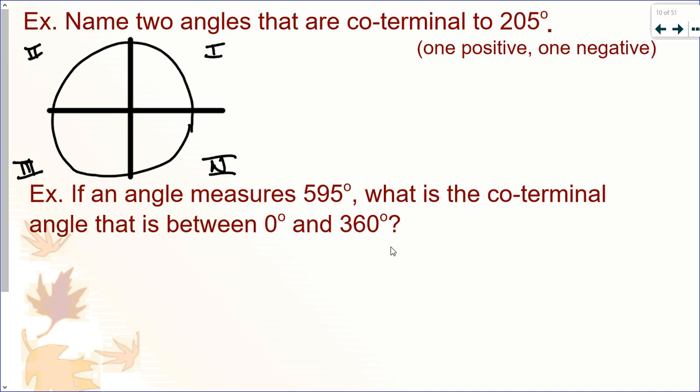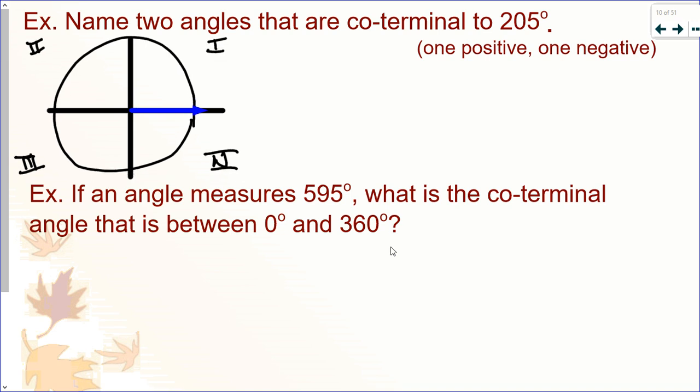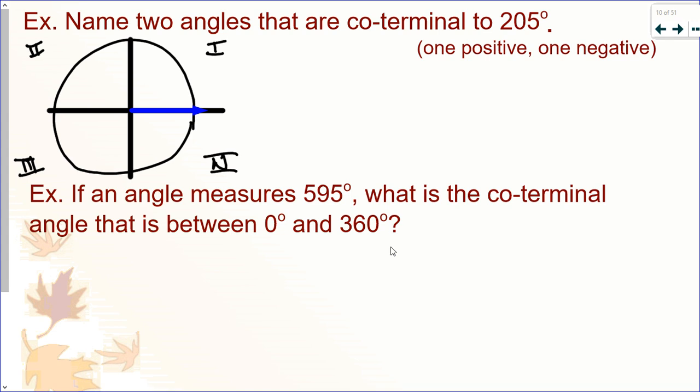Beautiful. So I'm going to start in my initial ray, and I'm going to rotate until I get to 205. So here's 90, here's 180, and then I need to go a little bit beyond that, about 25 degrees beyond that. So 205 is right here.